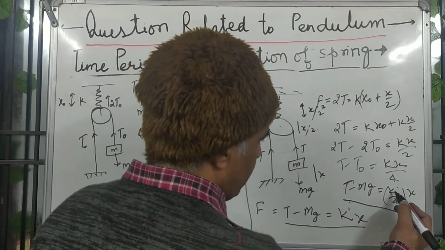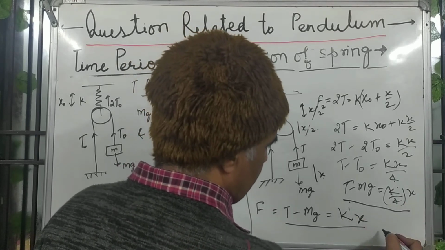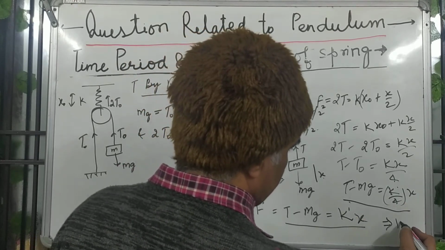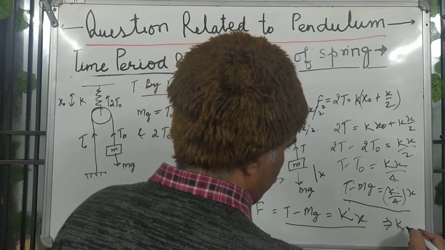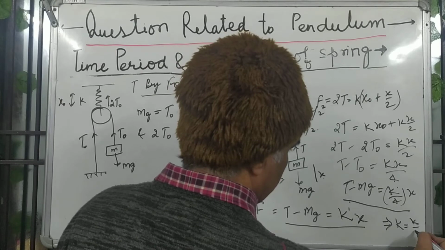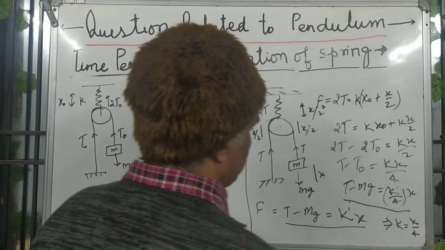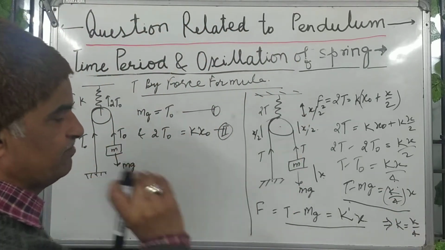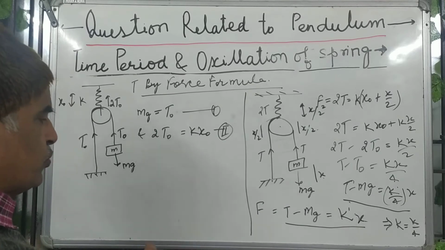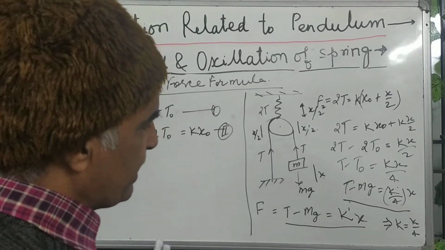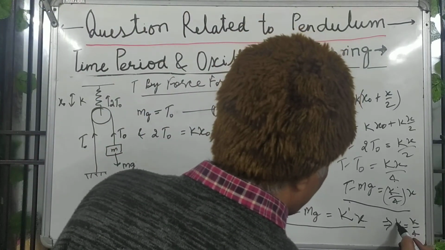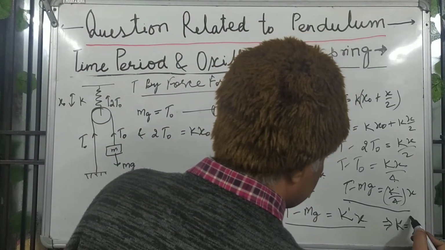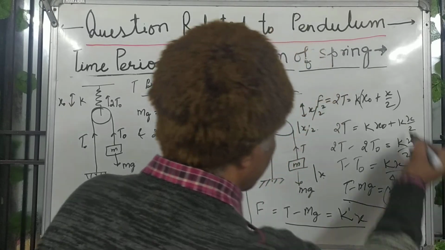On comparing, we find that k dash is equal to k by 4. This is the spring constant in this operation. So if this is the spring constant in this operation, k dash equals k by 4, you have solved it.